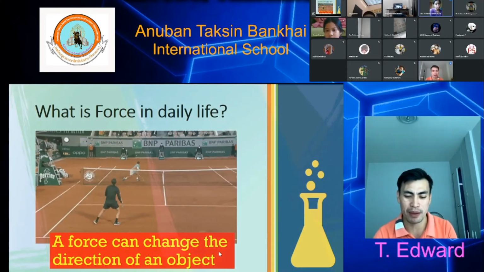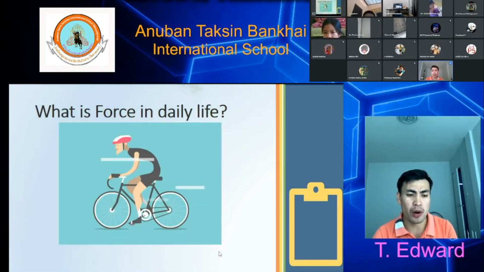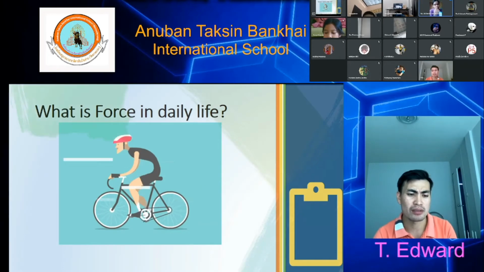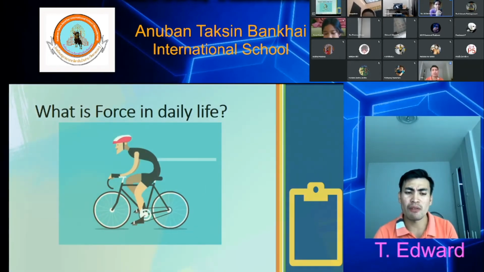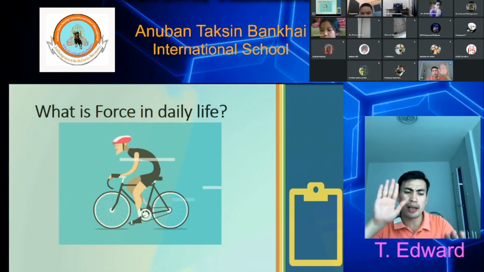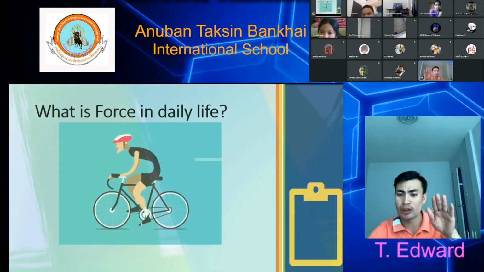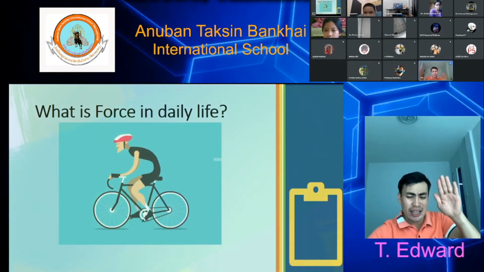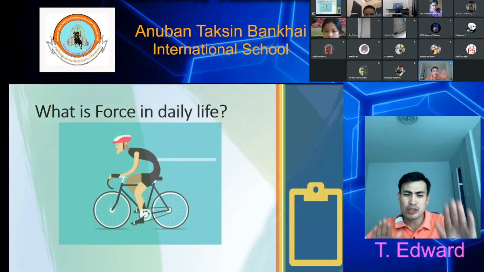Thank you, Premika. Now, another one here. What can a force do in this bicycle? If you pedal slowly, the bike will go slowly also. Now, when you pedal very fast, it means you use a lot of force.